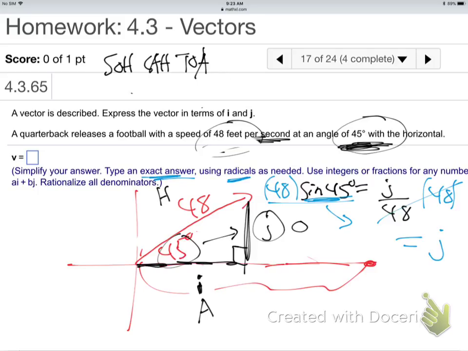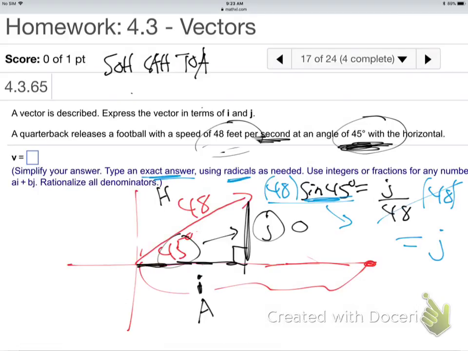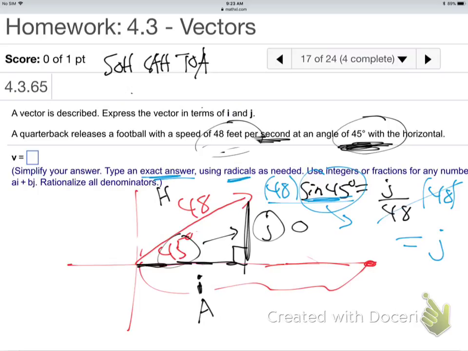On the test, you'll have the unit circle again. So what are we looking for? The sine of 45 degrees. Remember, cosine is x, sine is y, and sine of 45 is root 2 over 2. So we have 48 times root 2 over 2.